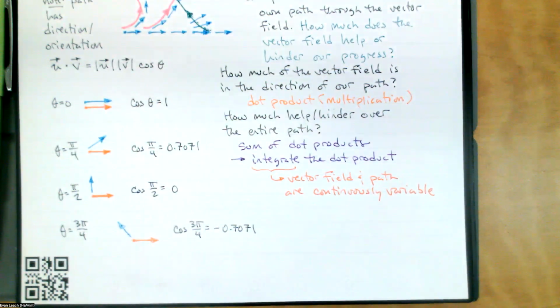So that negative value is going to indicate that the vector field is now working against us.